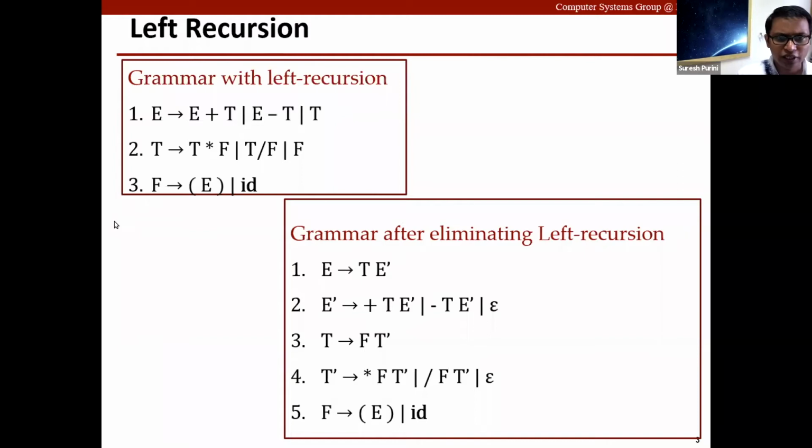So let's say you start with E. Using the first substitution rule, we use TE prime, and we have generated one term. Let's say using E prime, we get this intermediate form.